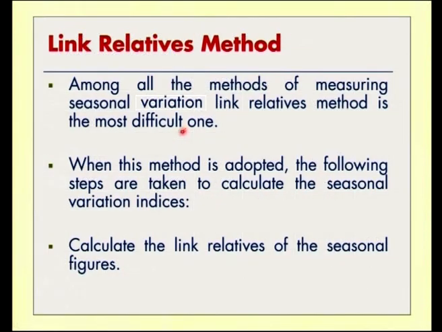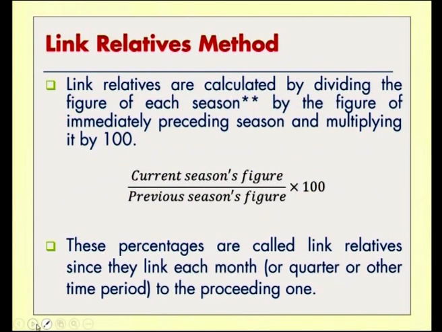Next, in the link relative method, among all the methods of measuring seasonal variation, link relatives method is the most difficult one. When this method is adopted, the following steps are taken to calculate seasonal variation indices. Calculate the link relatives of the seasonal figures. So, the original formula is current season's figure divided by previous season's figure into 100.